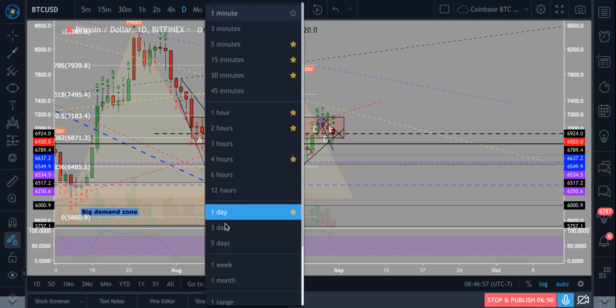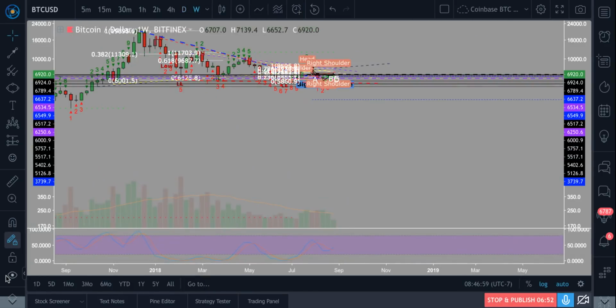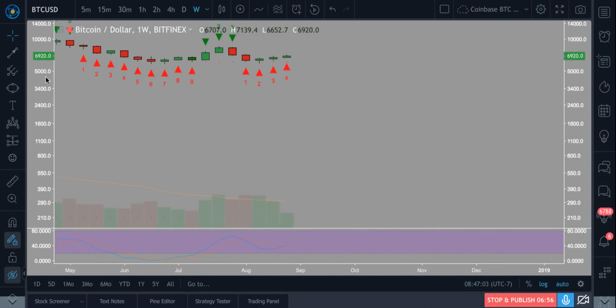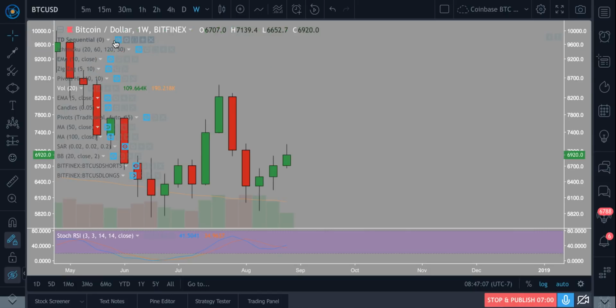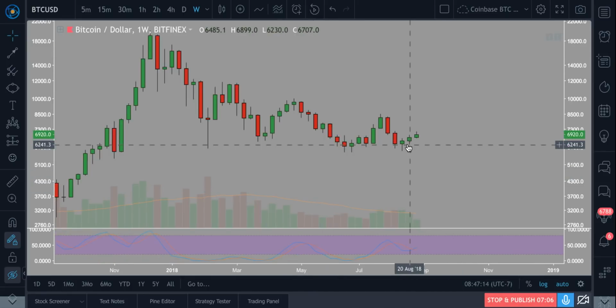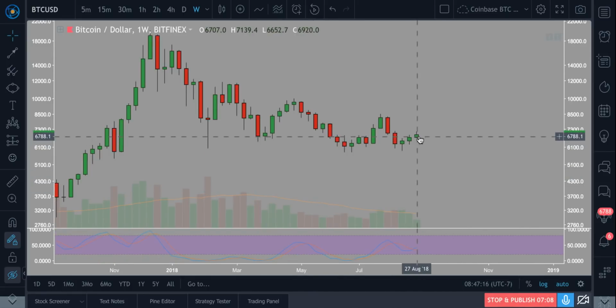Another thing that I wanted to mention is on the weekly chart. Someone told me that these three candles on the weekly could be three white soldiers. Let me close this indicator out. That's actually not the case at all, guys.